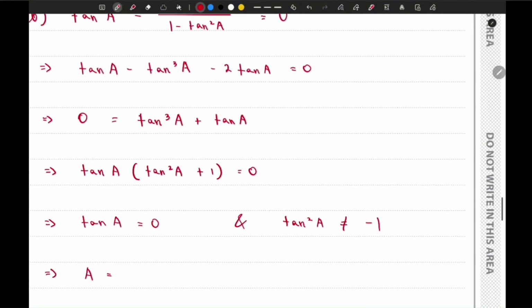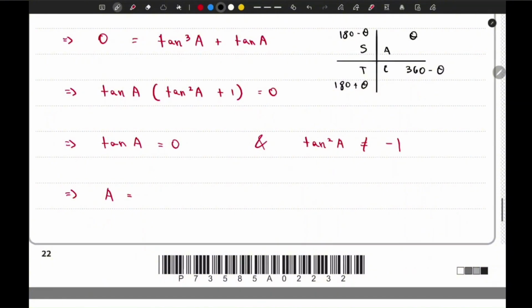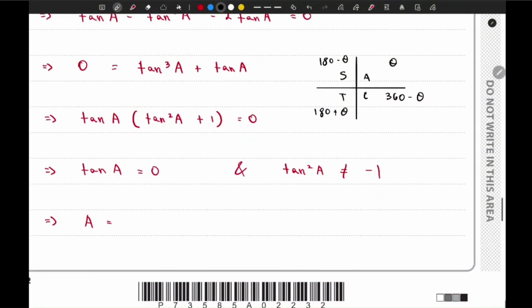We need to use the help of a CAS diagram. A CAS diagram looks something like this. So that's theta, that's 360 minus theta, that's 180 plus theta, and this is 180 minus theta. Now tan is a positive value in this case, since you can consider 0 a positive value just for this case.